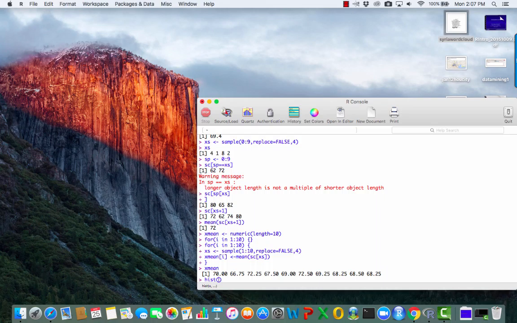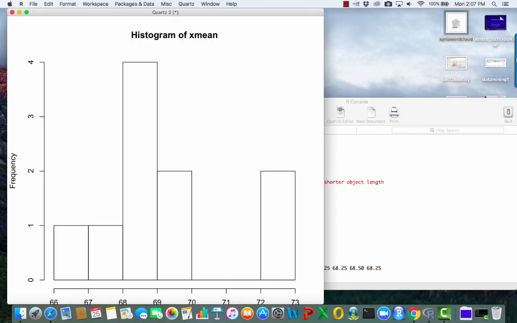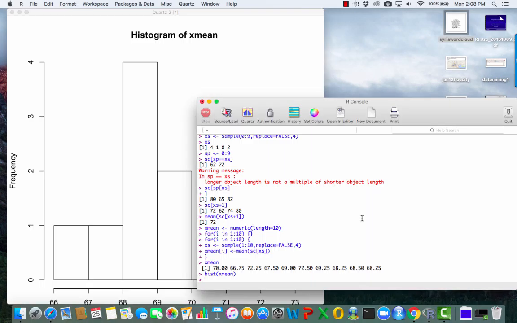Let's look. It's actually a little low because our original value was 69.4. In this one, the highest frequency is between 68 and 69, and one of the lower ones is between 69 and 70. That is very interesting.